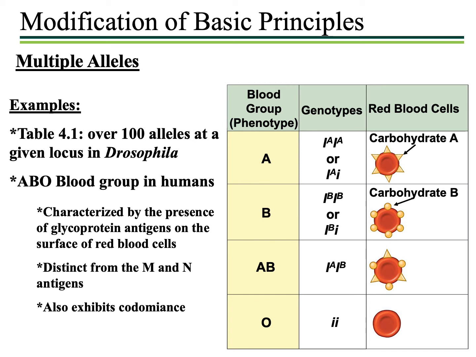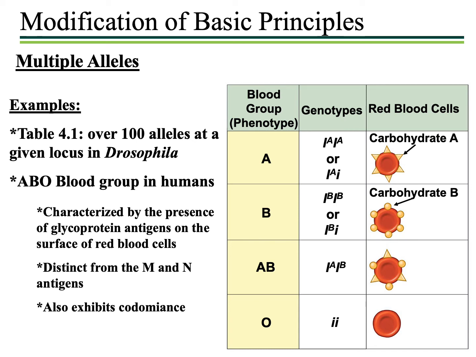So back to heterozygous individuals that have one copy of the A allele and one copy of the O allele. These individuals have blood type A. So both homozygous A and heterozygous AO display the A form of the protein on the surface of the red blood cell. We can then move down to blood type B and look at those genotypes. Homozygous B individuals, again no surprise, express the B form of the protein.